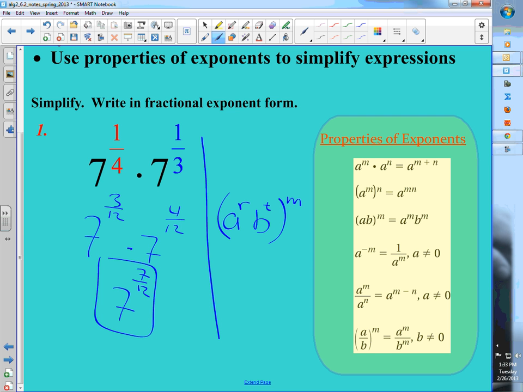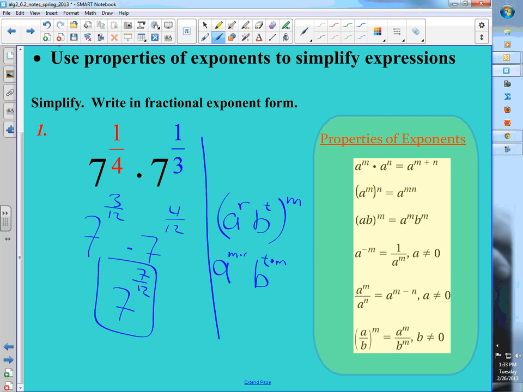And realize that when you have a product to a power, you're multiplying your power. So it's A to the M times R power times B to the T times M power. Right? You're just multiplying exponents just like you would in this power property right here. You're just doing it twice. So keep that in mind.